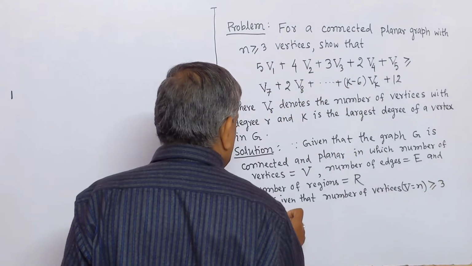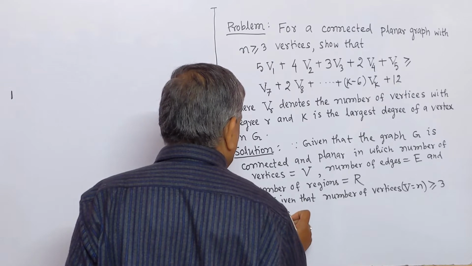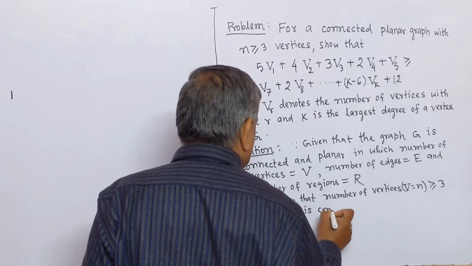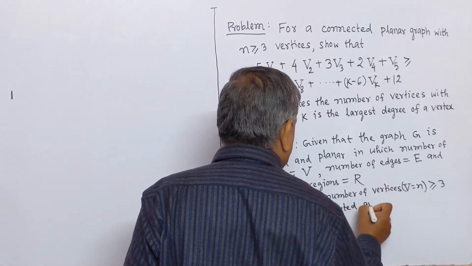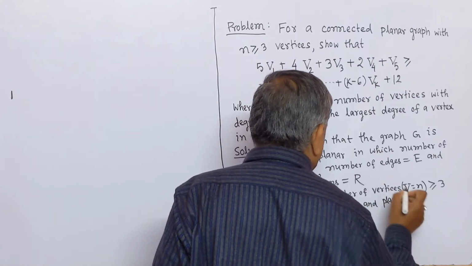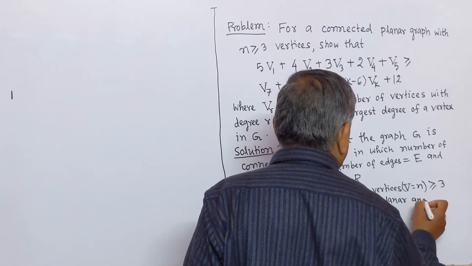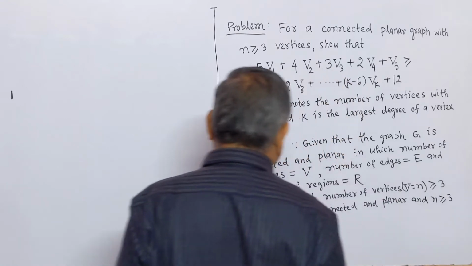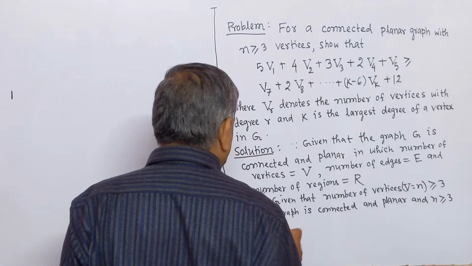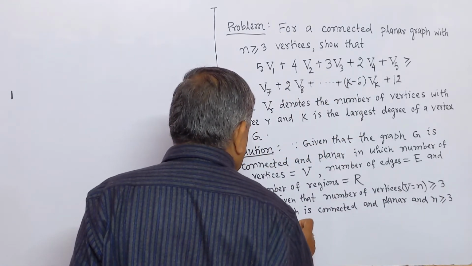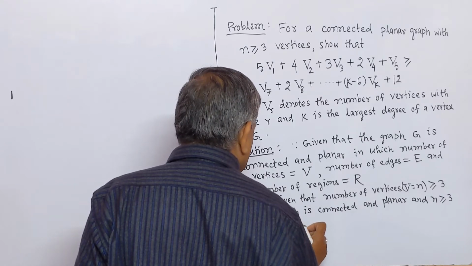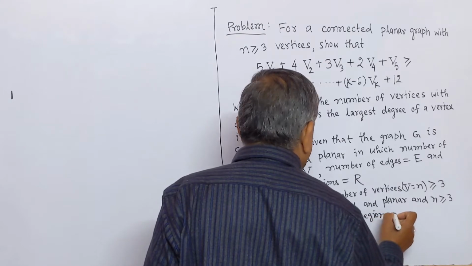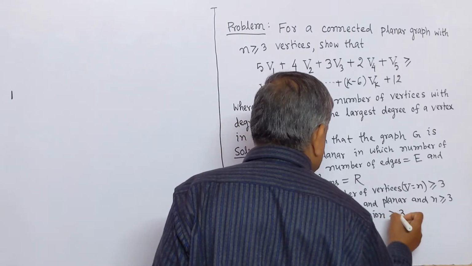Since the graph is connected and planar and n is greater than or equal to 3, therefore the degree of each region is greater than or equal to 3.